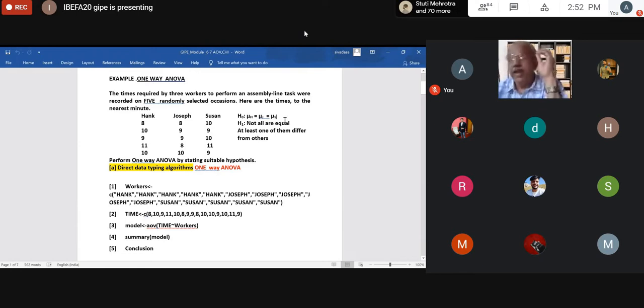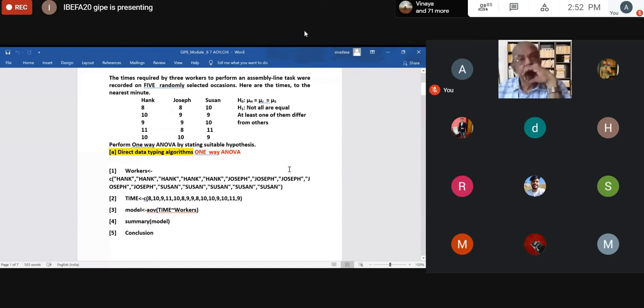But the variable is one: assembly time. Each data is 5, 5, 5.